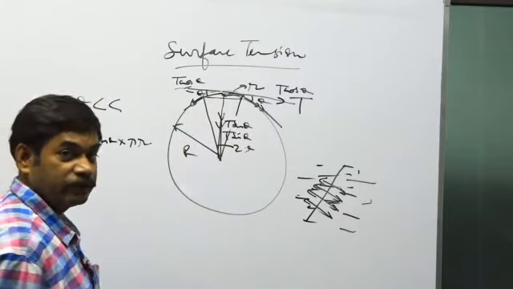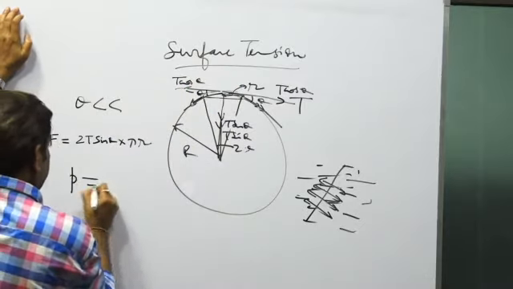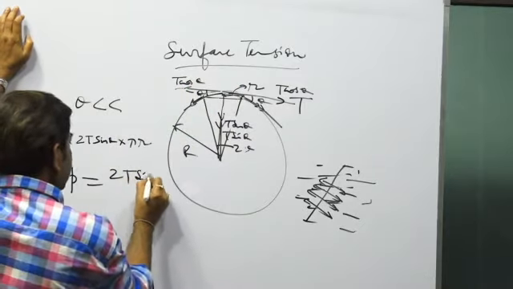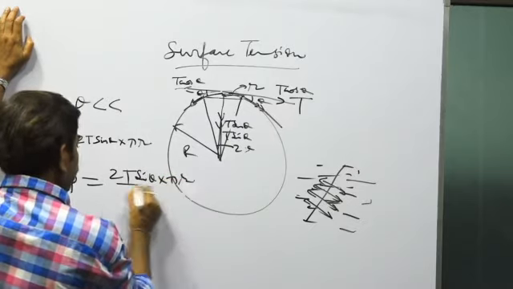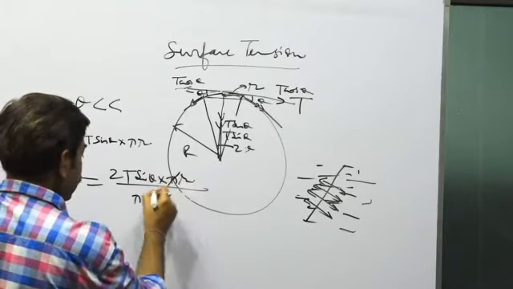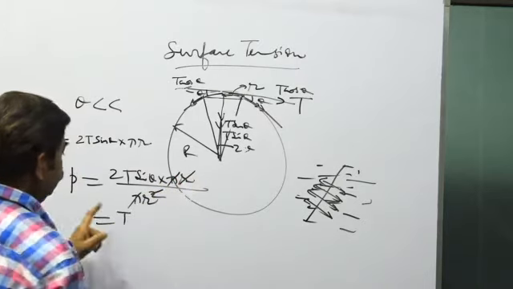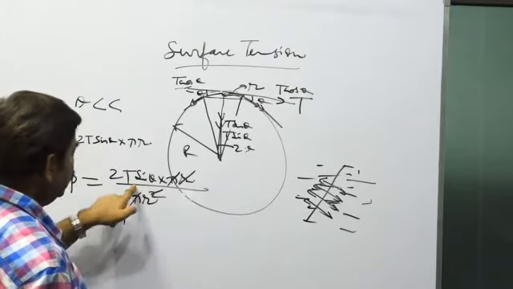And this force is acting on this part of the surface area, pi r square. So what will be the pressure generated by this force? The pressure P equals 2T sin theta into pi r divided by pi r square. Pi and pi get cancelled, r and r get cancelled, and because theta is a very small angle, sin theta will be theta.